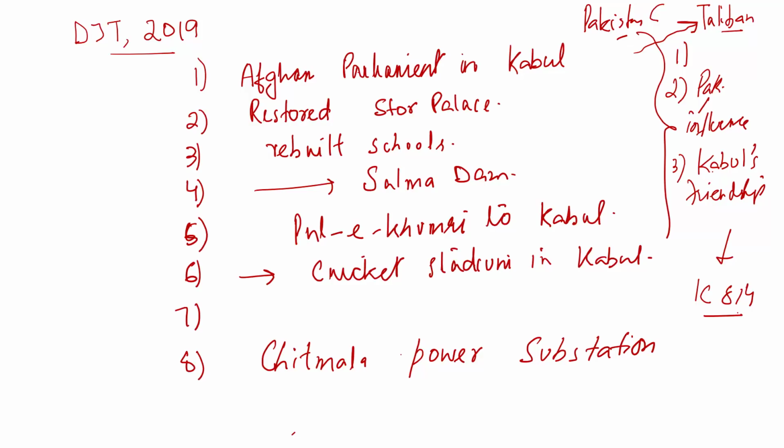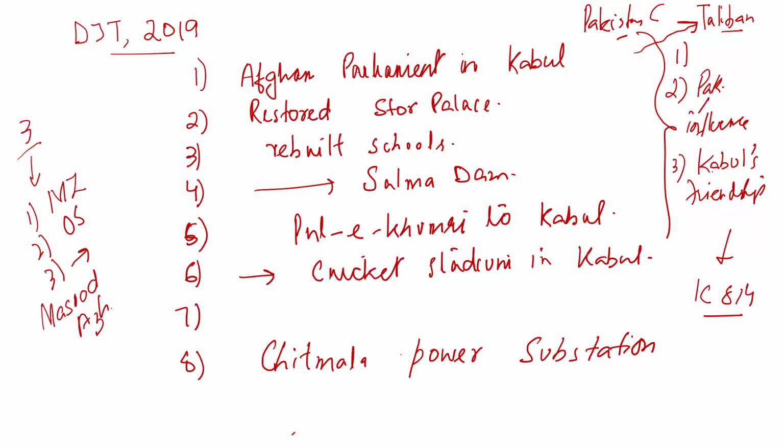Ultimately, in exchange for the passengers who were taken hostage by the terrorists, we had to release 3 dreaded terrorists. One was Mushtaq Zargar, the other was Umar Saeed, and the third was Masood Azhar.